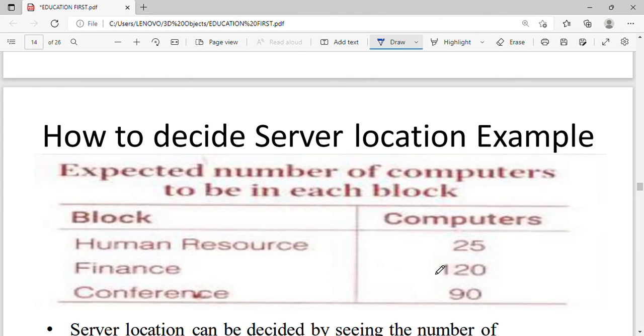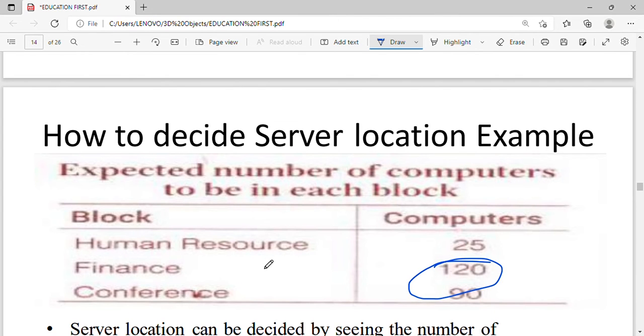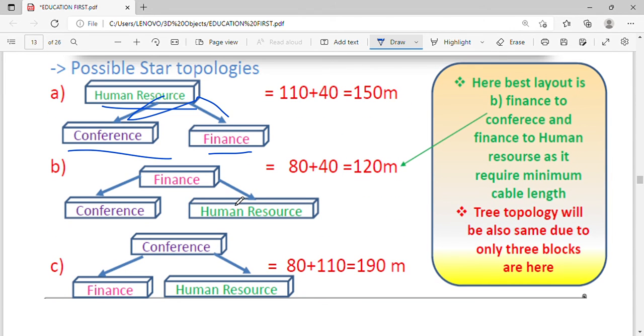Finance has more computers, so the finance block should act as the server location. If we calculate the cable length, we get it to be 120. In both ways, this is the only possible best star topology network layout.